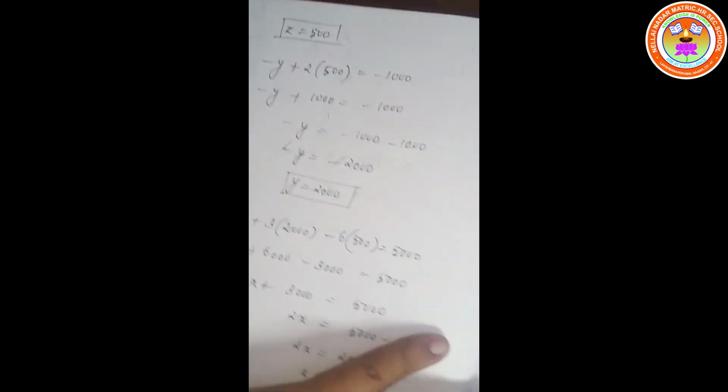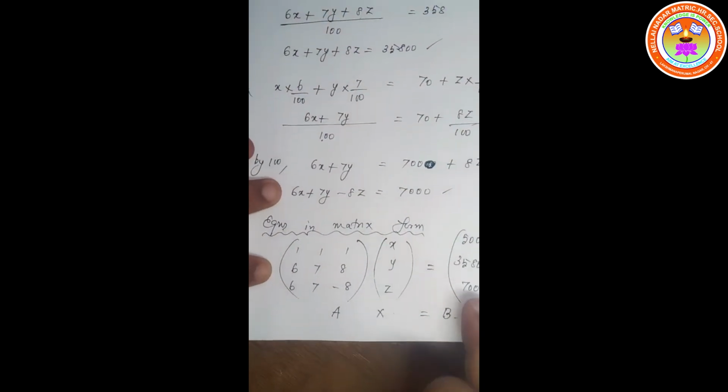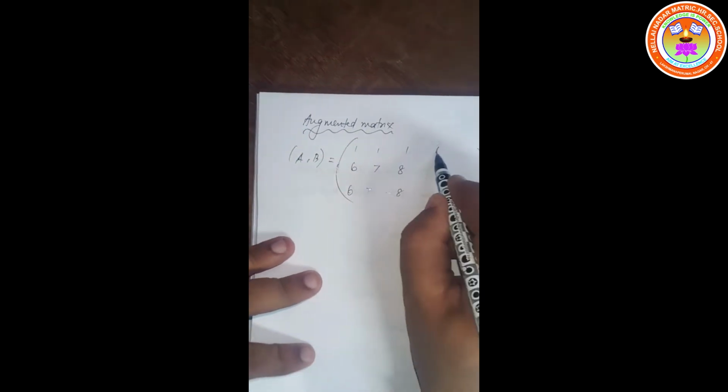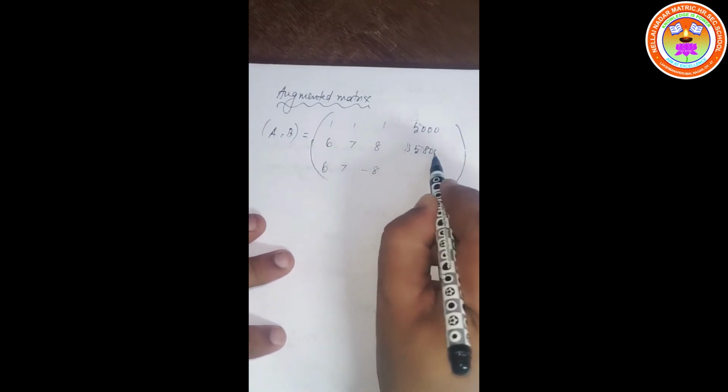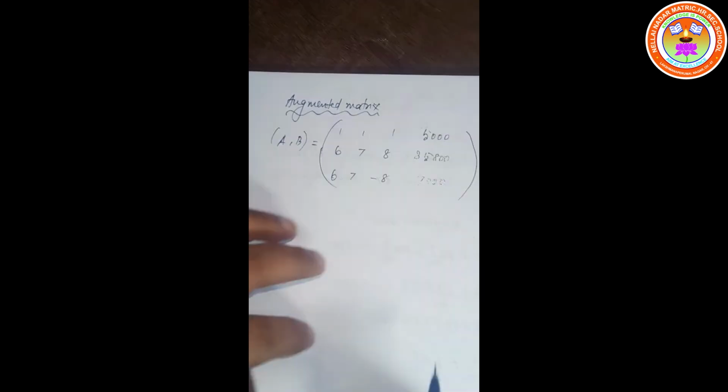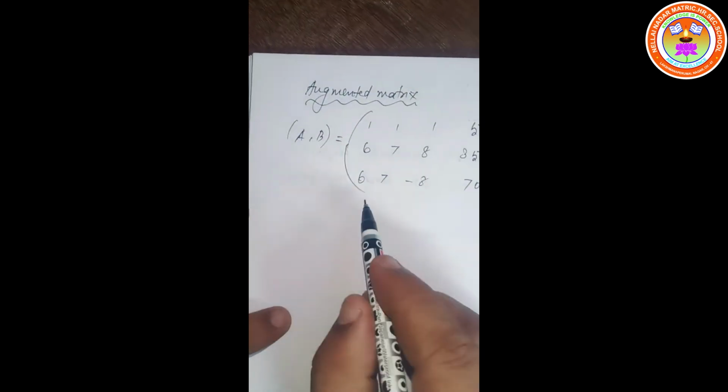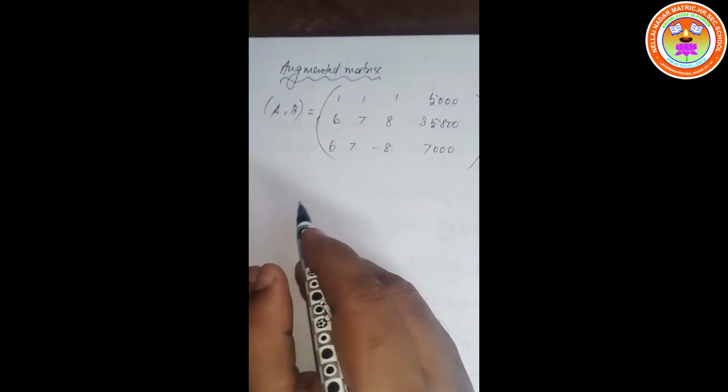A matrix over. B matrix 5000, 35,800, 7,000. Okay. Now we have to convert this matrix into echelon form.